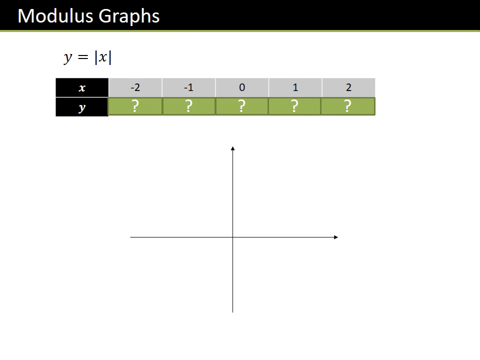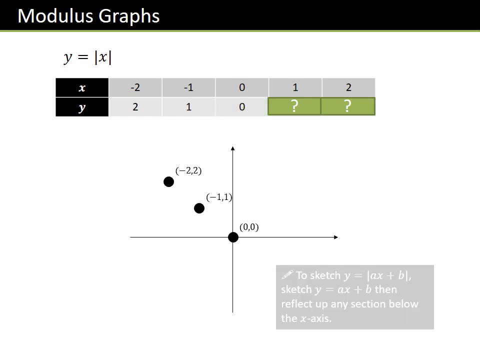We can take this idea a little bit further and draw modulus graphs. So let's take one of the simplest graphs we could draw. What happens when y is modulus x? Well, when x is minus 2, the modulus of minus 2 is 2. So we'll plot that one on the graph first. When x is minus 1, its modulus is just 1. When x is 0, modulus is 0.